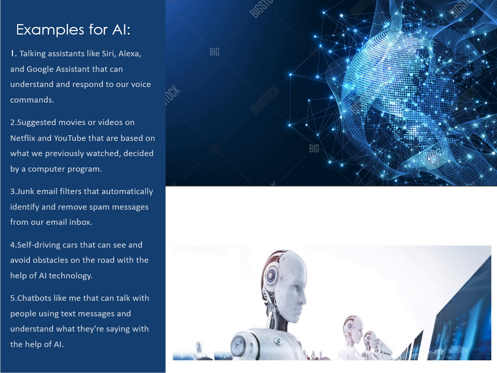Junk email filters that automatically identify and remove spam messages from our email inbox. Self-driving cars that can see and avoid obstacles on the road with the help of AI technology. Chatbots like ChatGPT that can talk with people using text messages and understand what they are saying with the help of AI.